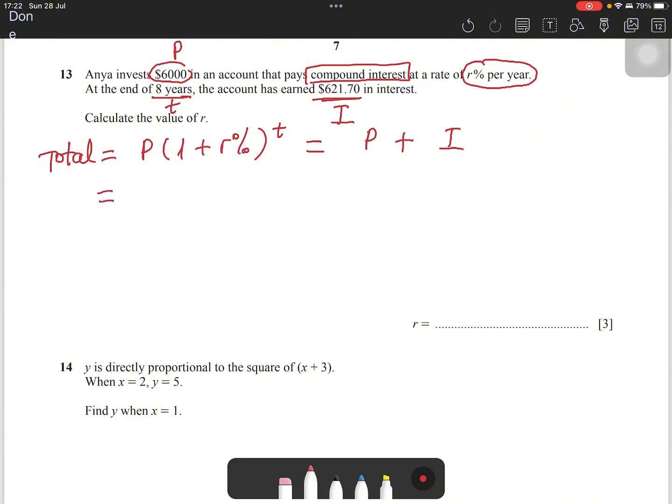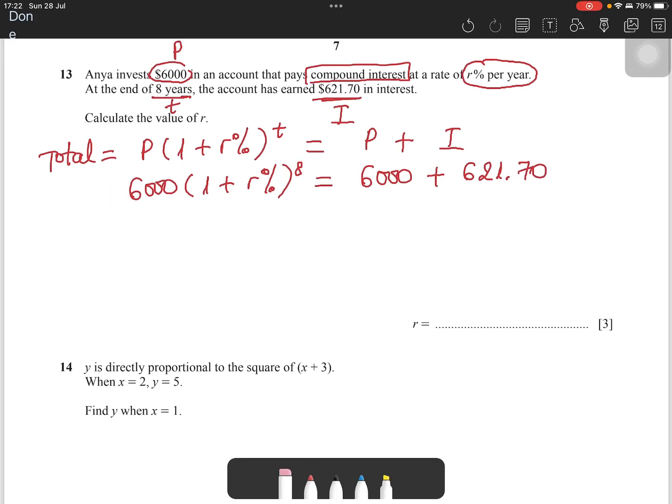So we substitute the principal $6,000 multiplied by 1 plus R% to the power of T. T is 8 years. Then the principal is 6,000 again, and the interest is $621.70. So now we have an equation, and we need to solve this equation to find the value of R.